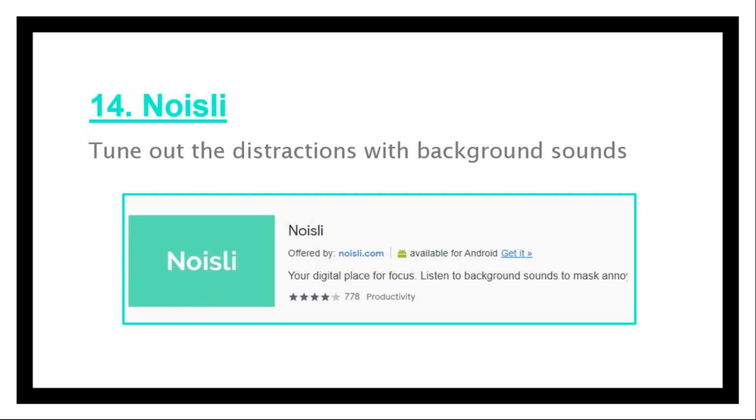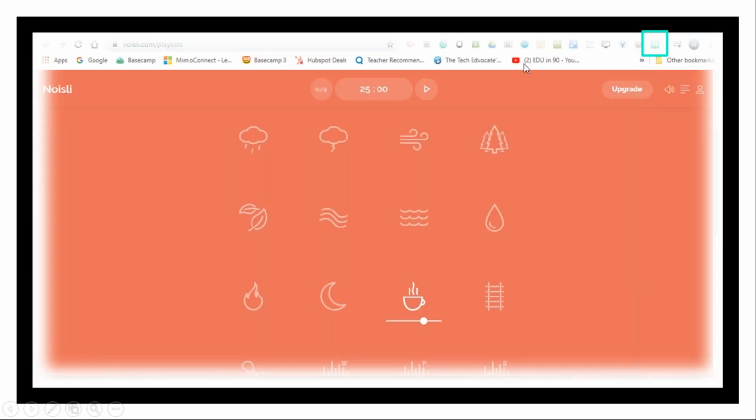It's always a trick to find the music that the kids won't sing along to, because that's my problem when I put music on in the background while I'm trying to work, half my brain gets very distracted with the song that's playing. So what Noisli does is give you the option of being able to play background white noise, background sounds and noises rather than music.